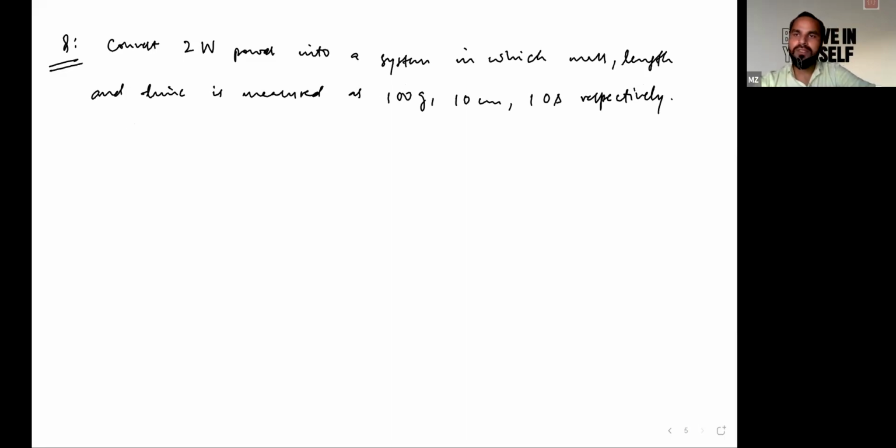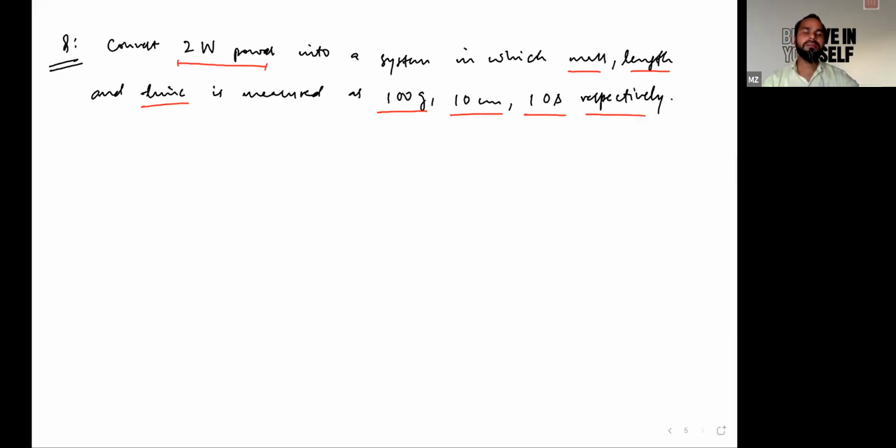Then you have to convert this particular quantity into the unit in which mass, length, and time are measured as 100 gram, 10 centimeter, and 10 second respectively.